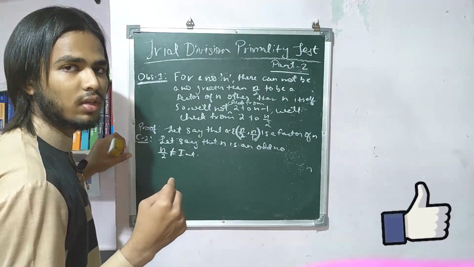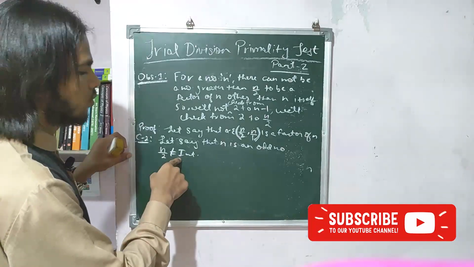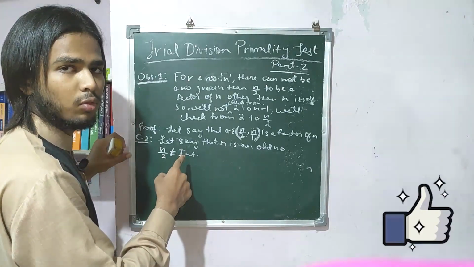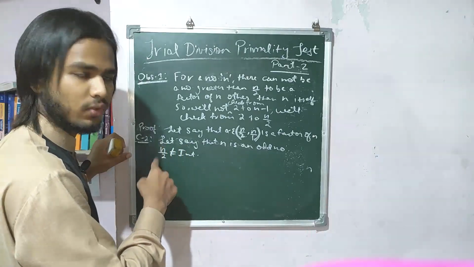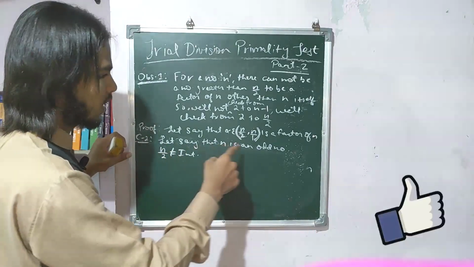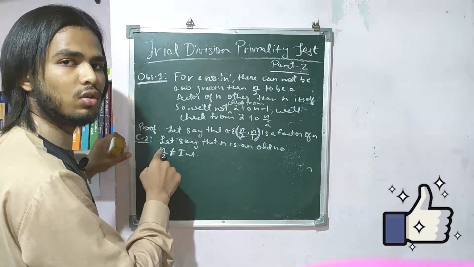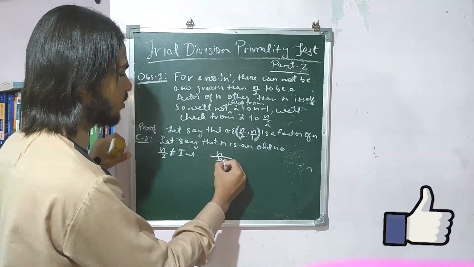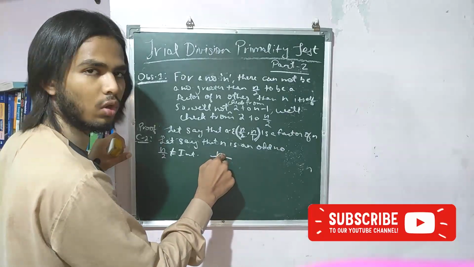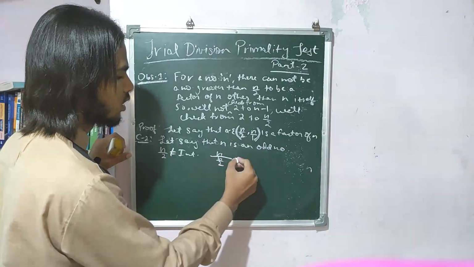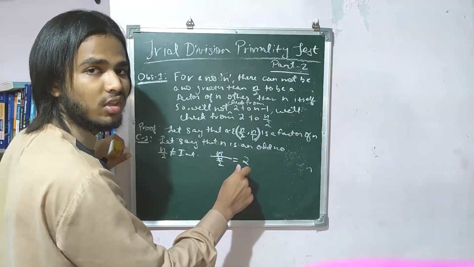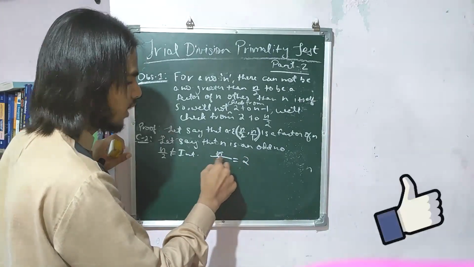So 2 is not a factor of that odd number, so the quotient will be some decimal, it will not be an integer, so 2 will not be a factor of n. So when n is an odd number, n by 2 is not an integer. So when we divide n with n by 2, though we get 2 as the quotient, this will not be considered a factor.